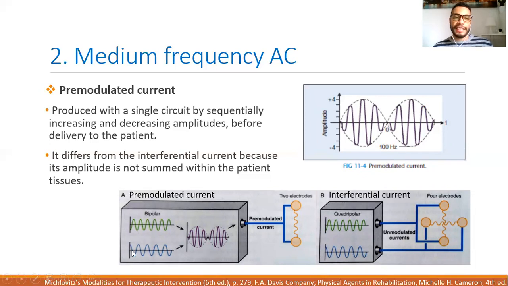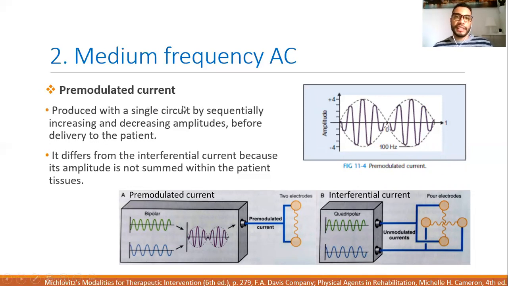So inside the device, we have the modulation, increasing and decreasing the amplitudes before delivering to the patient. So the patient will receive this current, which was pre-modulated inside the device.